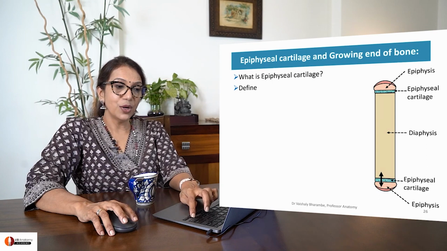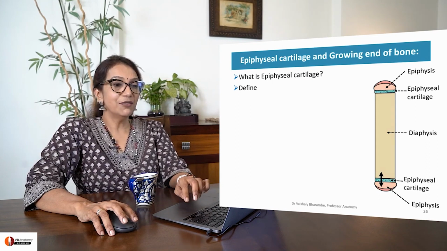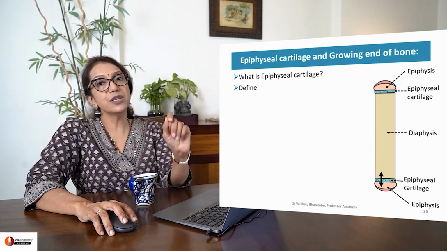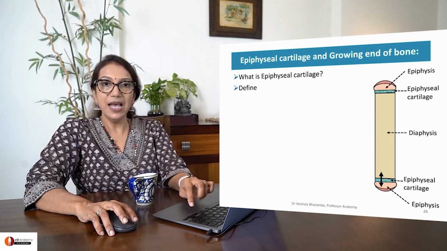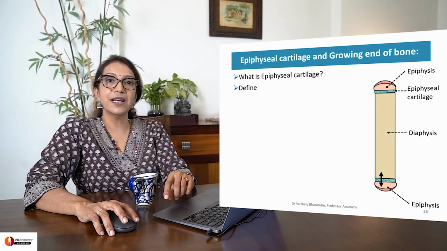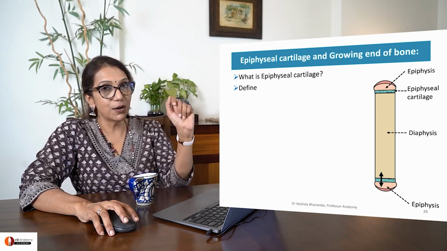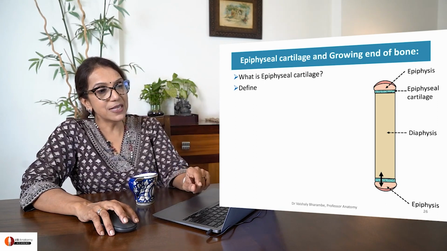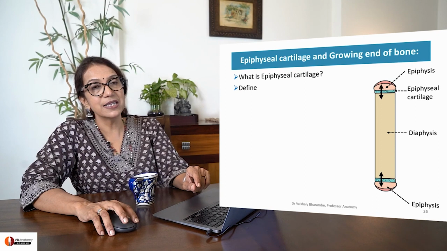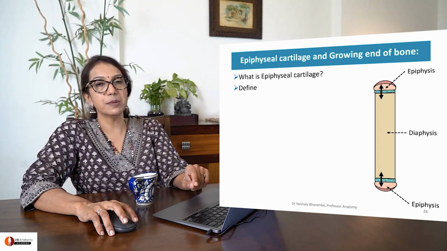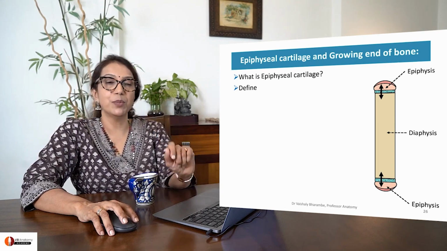Now, what happens? Finally, the diaphysis fuses with the epiphysis. As it fuses, the epiphyseal cartilage disappears. Look at it again. The diaphysis fuses with the epiphysis, the epiphyseal cartilage disappears, and there is formation of one bone.